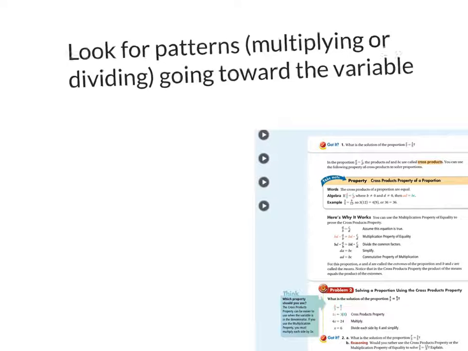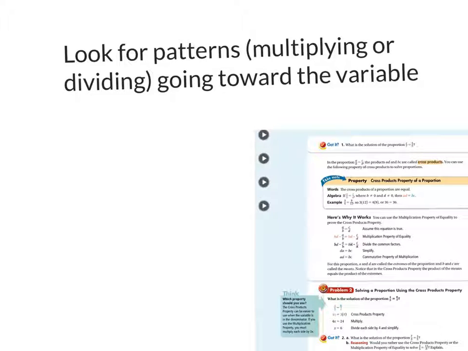We can look for patterns, multiplying or dividing, going toward the variable. If that doesn't work, like we did on that last problem, if they're just dividing, I'm just going to multiply by what it is they're dividing by. If it comes to it, then I will do cross multiplication or cross products.